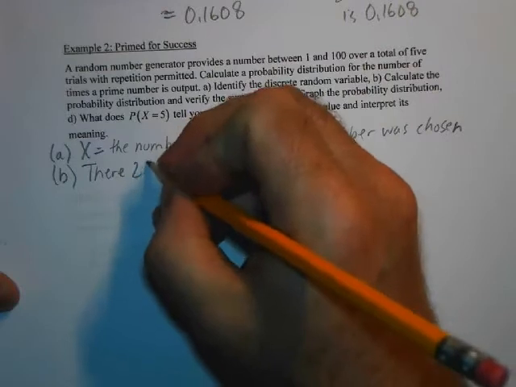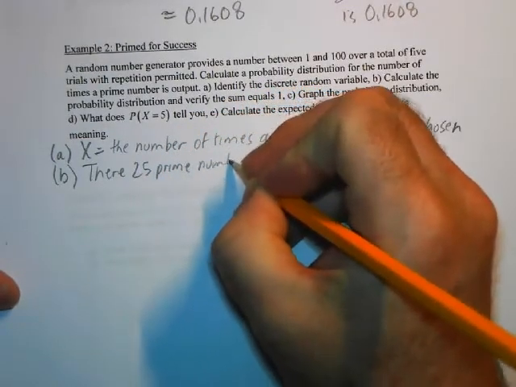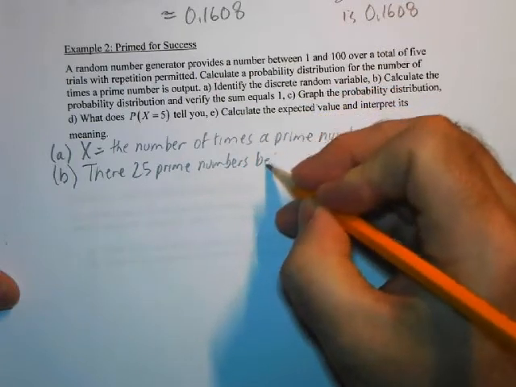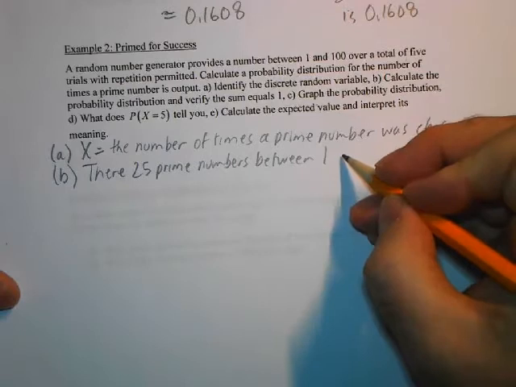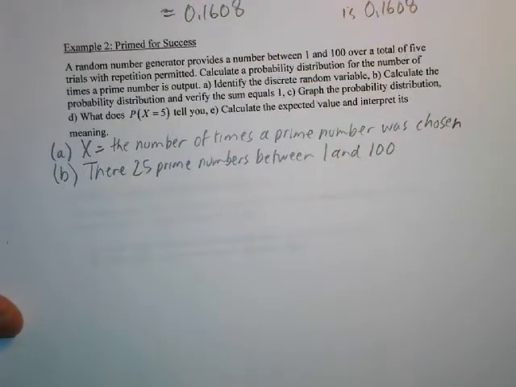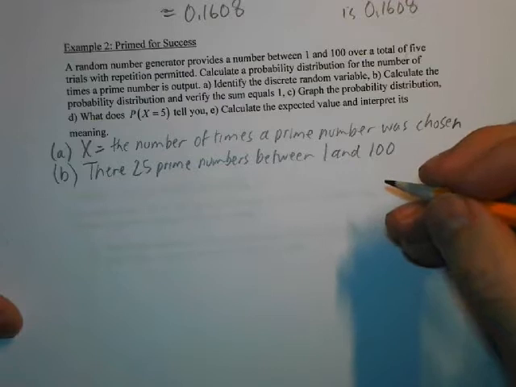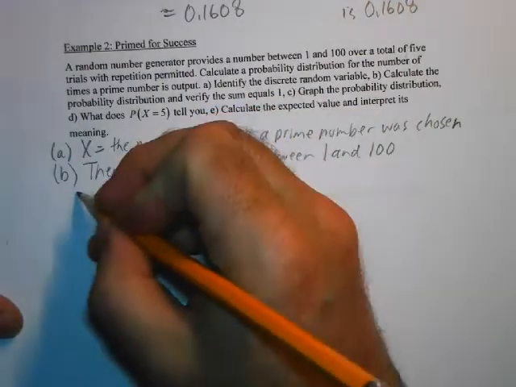There are 25 prime numbers between 1 and 100. So let's think about those. Remember, prime numbers are numbers that have no factors. One and the number don't count as factors. So let's start our list here.